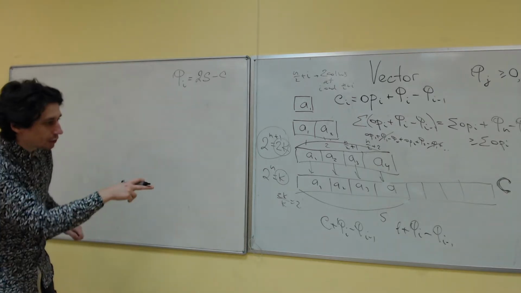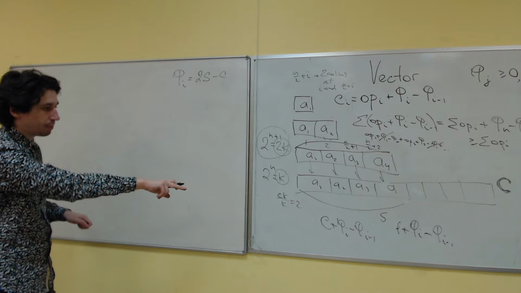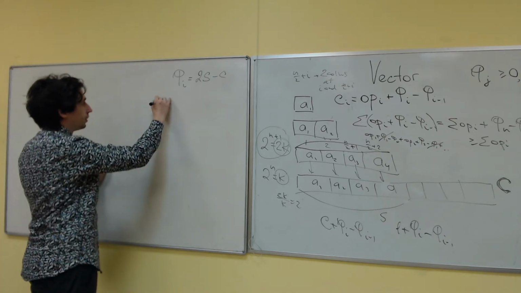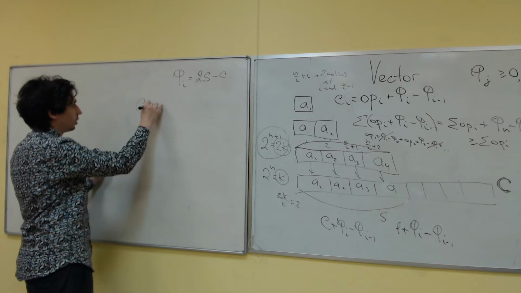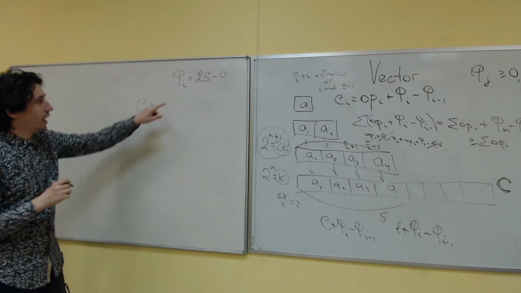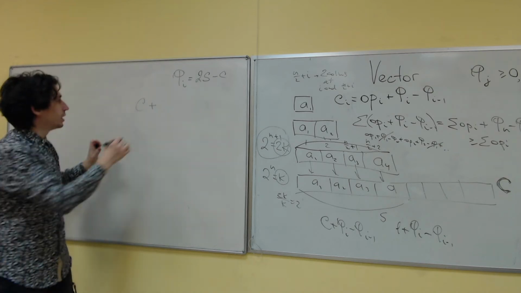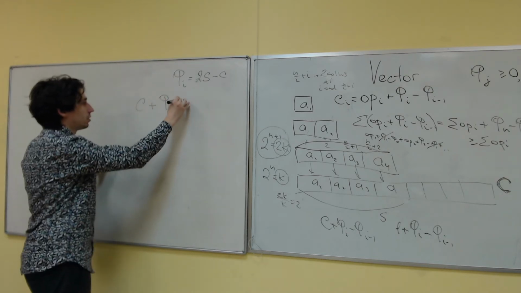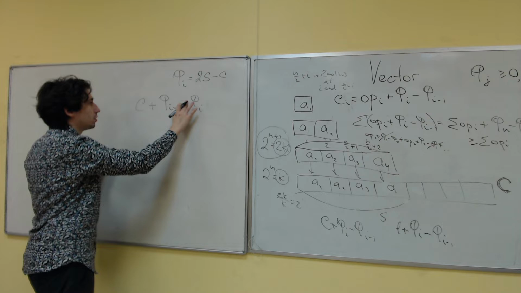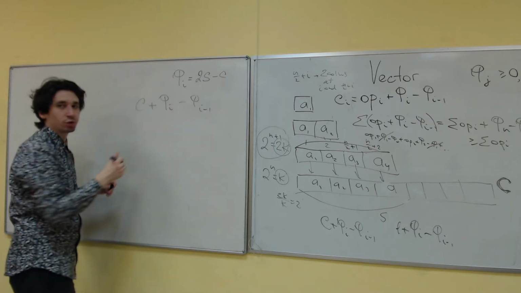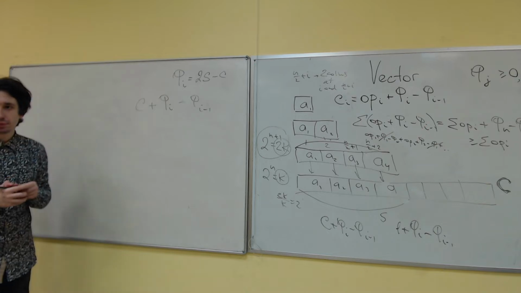Then what would it be at the moment of copying? At the moment of copying, if we have the size doubled minus capacity, what will Fi and Fi minus 1 be? Could you tell me?